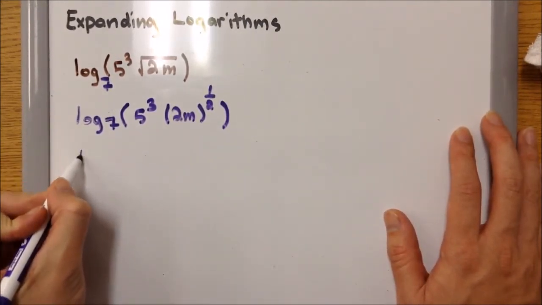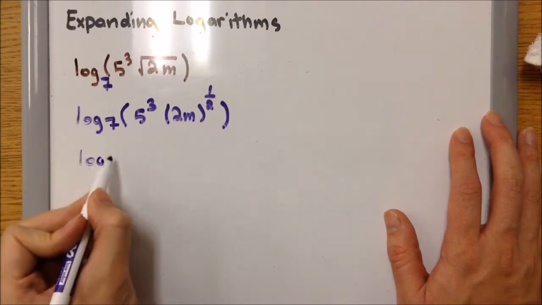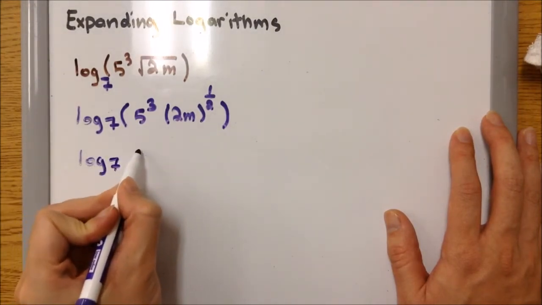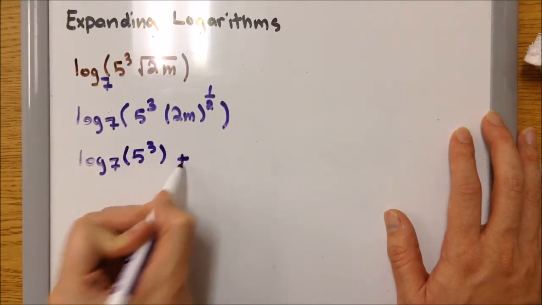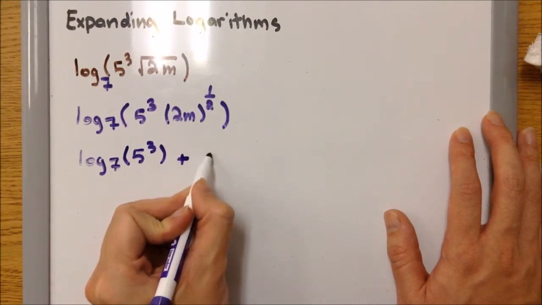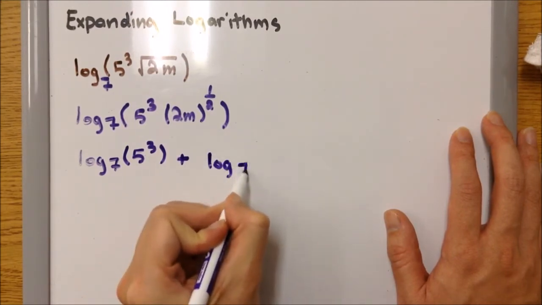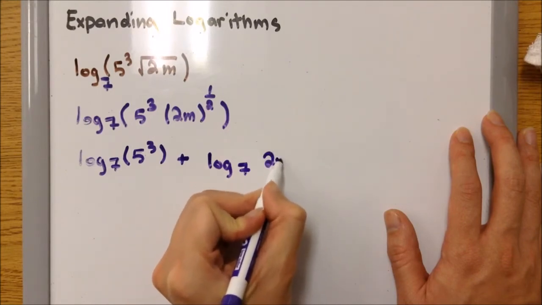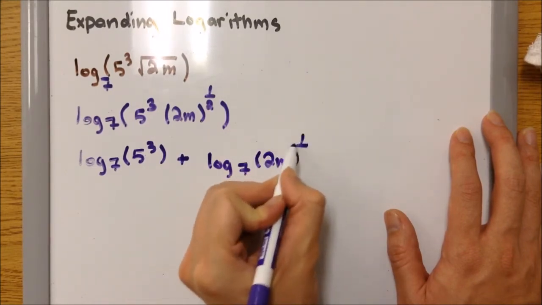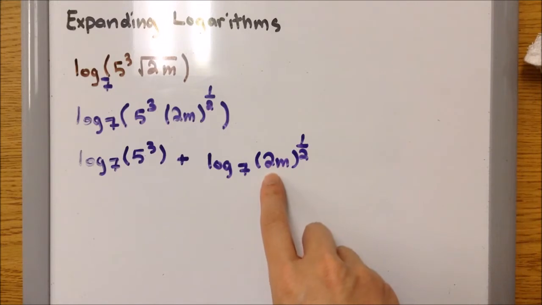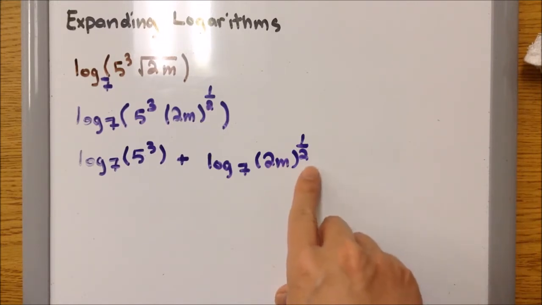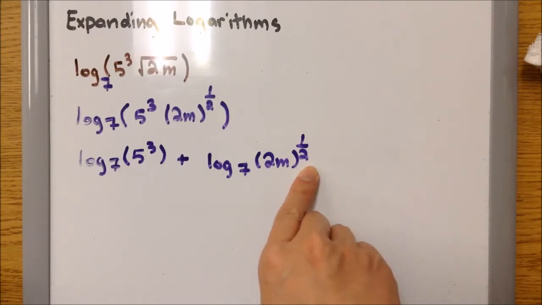So I'm going to write log base 7 of 5 to the 3rd power plus log base 7 of 2m to the power of 1/2. Now, there's something we have to be very careful with. Inside the parentheses, we have two objects, the 2 and the m, and they share an exponent.